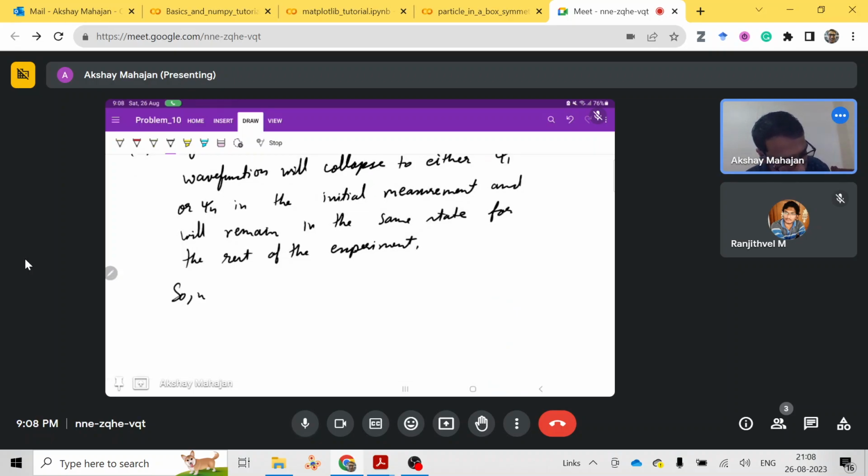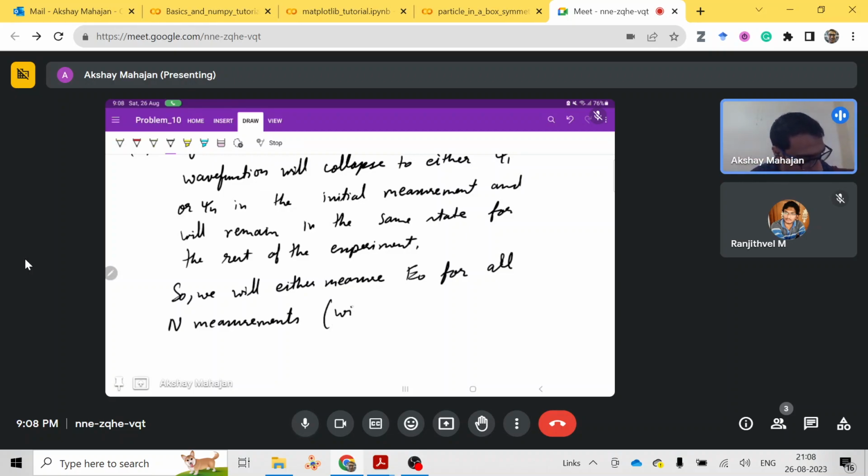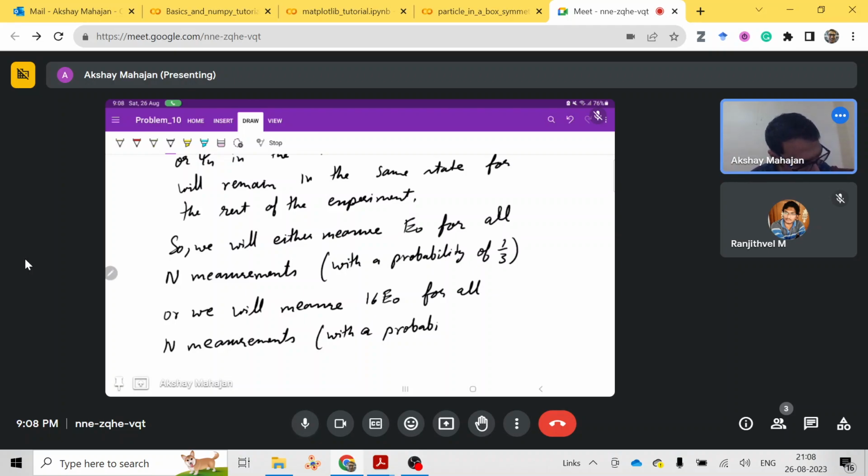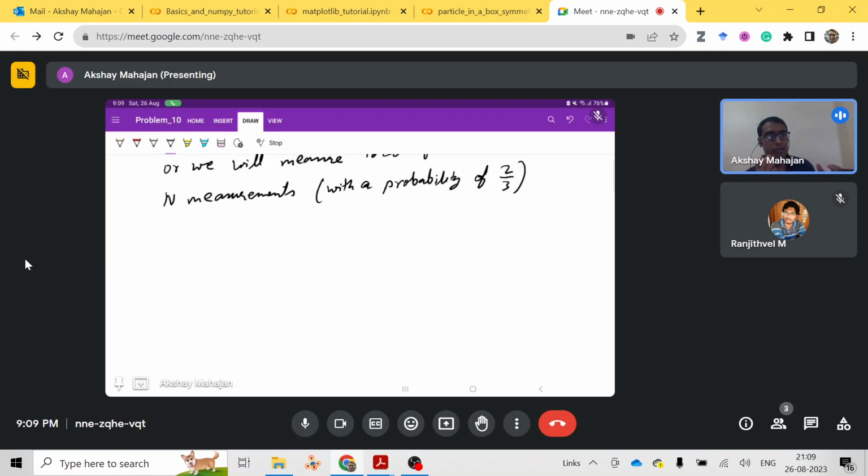So we will either measure E0 for all n measurements with a probability of 1/3, or we will measure 16 E0 for all n measurements with a probability of 2/3.